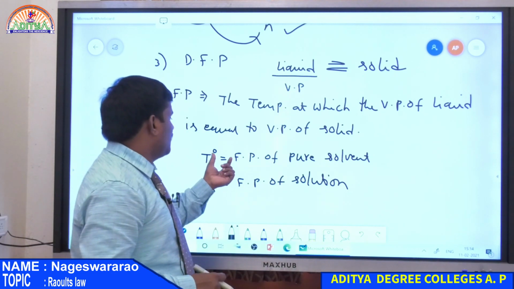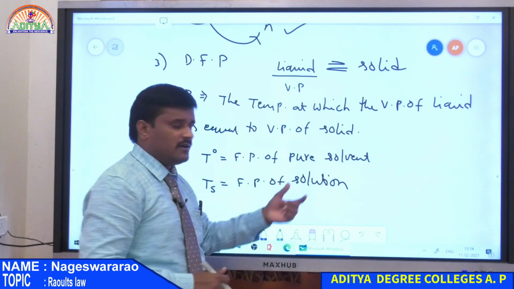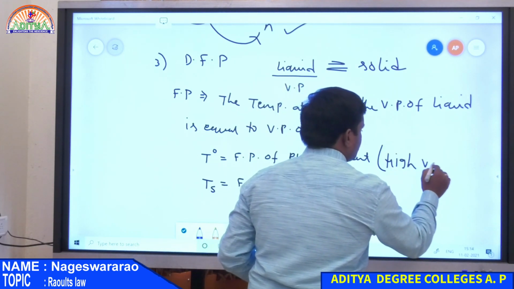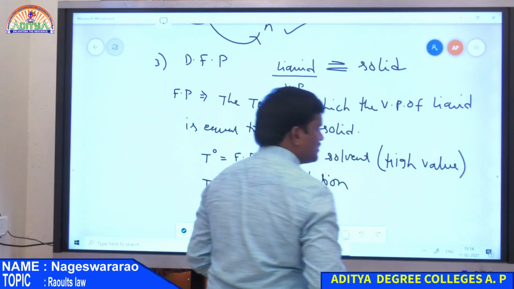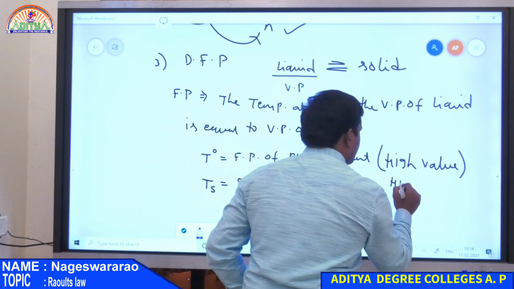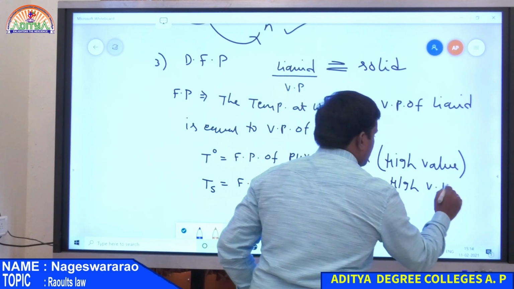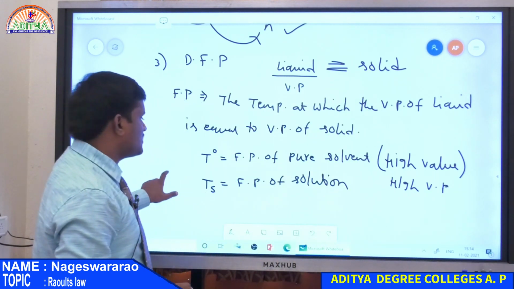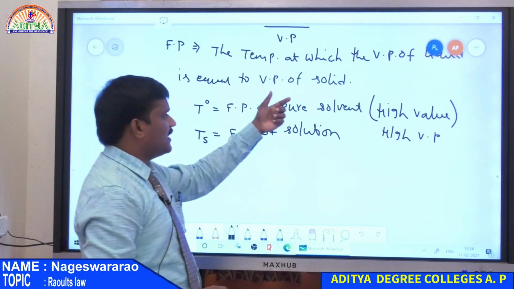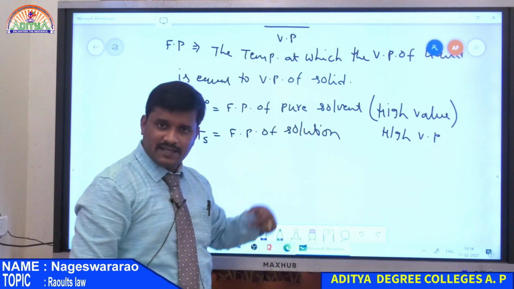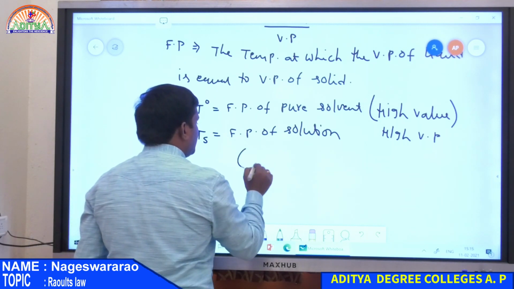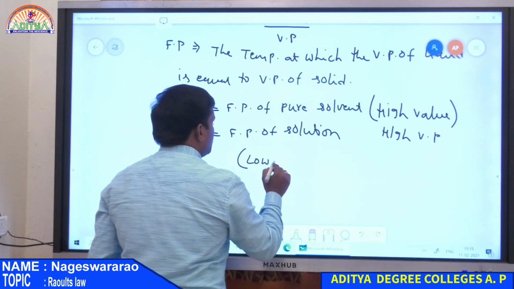Therefore, the freezing point of the pure solvent is always a high value because it has high vapor pressure, whereas Ts is for the solution. When a non-volatile solute is added, its vapor pressure decreases and hence the freezing point also decreases. Therefore, it is a low value.